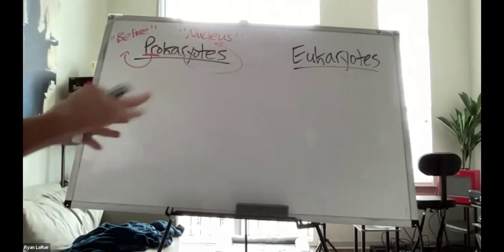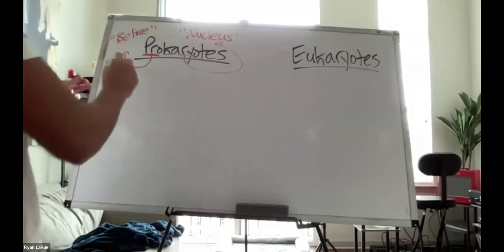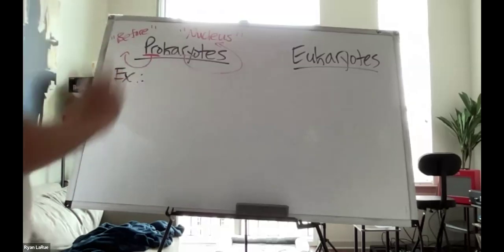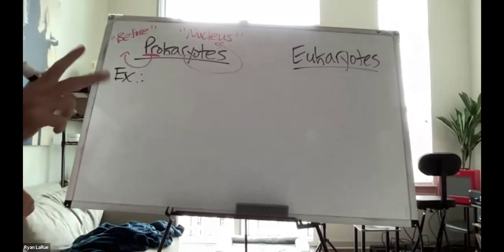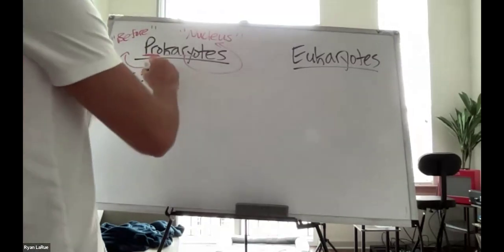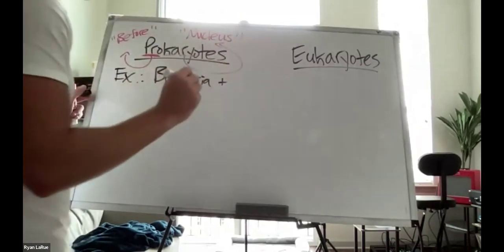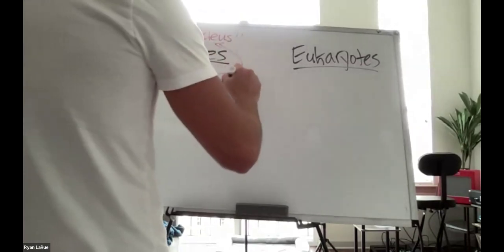Okay, well, what organisms are prokaryotic? There's really two groups. So examples, there's two groups of organisms that are prokaryotic. They are bacteria and another group called archaea.